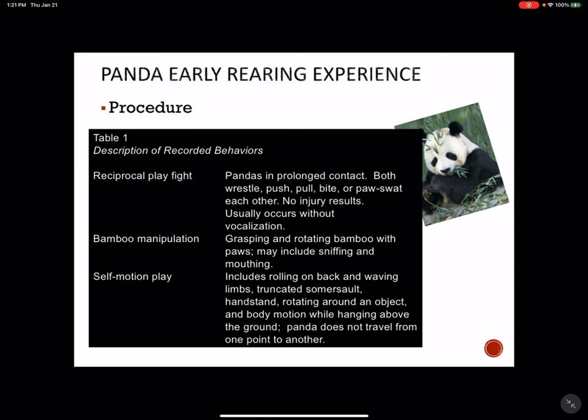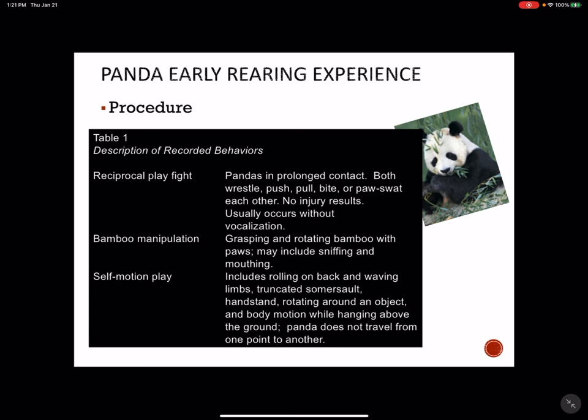Three of the behaviors, just right here, they looked for more, but this is all we're going to talk about. When pandas were in prolonged contact with each other, where they were wrestling, pushing, pulling, biting, or paw swatting each other without injury and without vocalizing, usually, that's what researchers recorded as a reciprocal play fight.